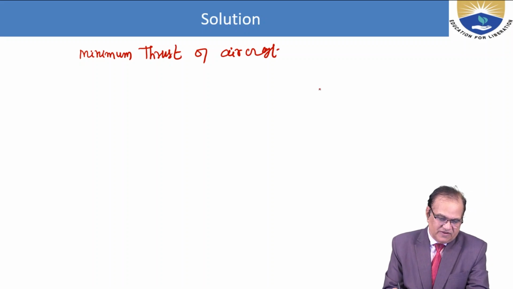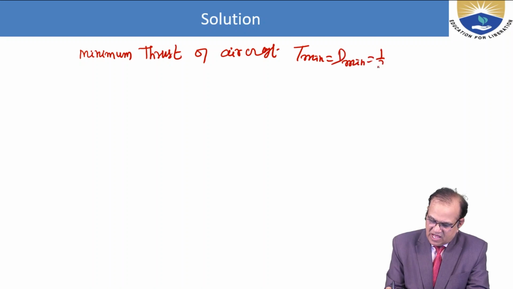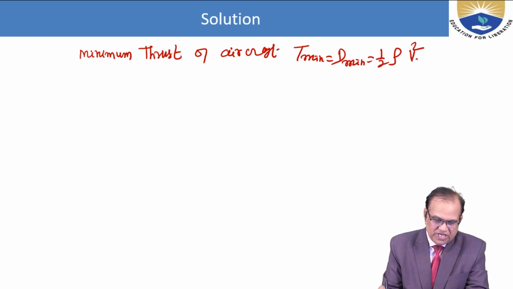Minimum thrust of the aircraft, that is called T minimum, is always equal to D minimum, half rho V square at minimum D into S into CD.